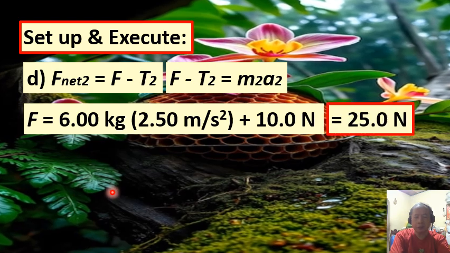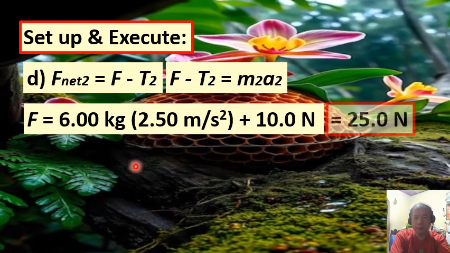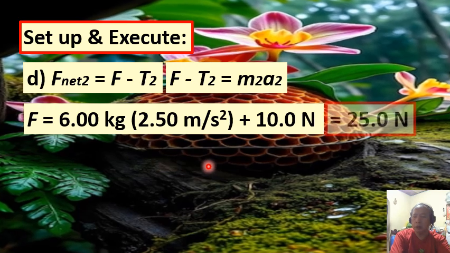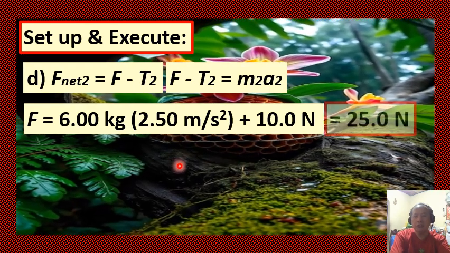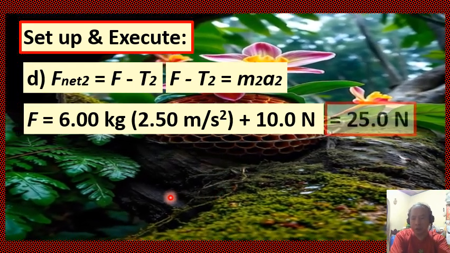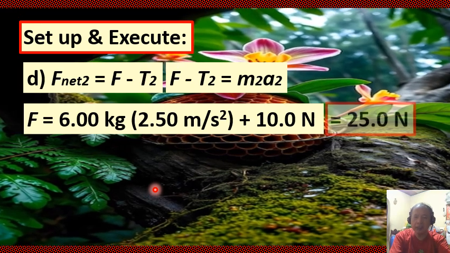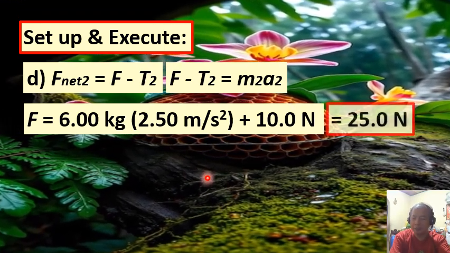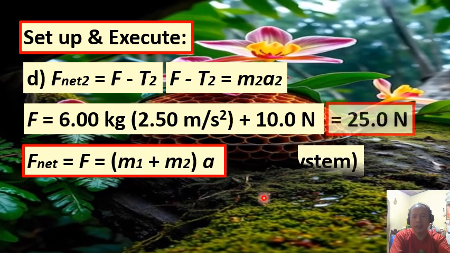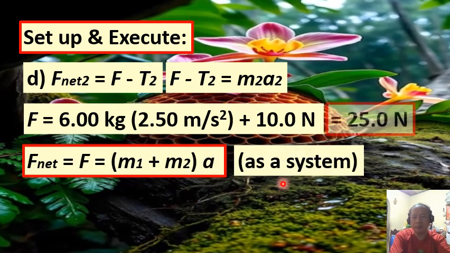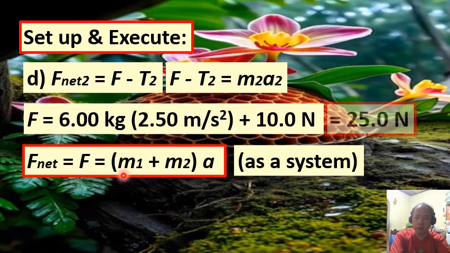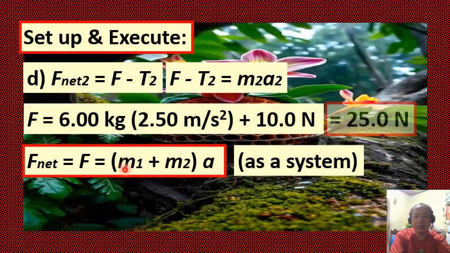There is another method where we do not have to include the tension force in our equation. This is by treating the two crates as a two-body system. So when treated as a system, this will be our equation for the second law of motion.